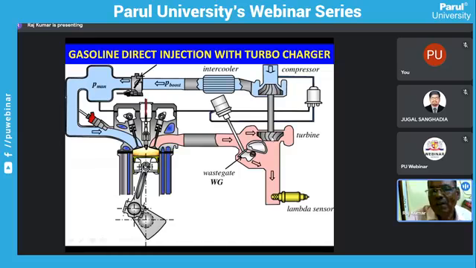We don't require any extra source to run this turbocharger. So turbocharger increases the efficiency of our engine. So most of the engines, they are fitted with the turbocharger. Is it clear how the turbocharger gives more output? Yes, sir.